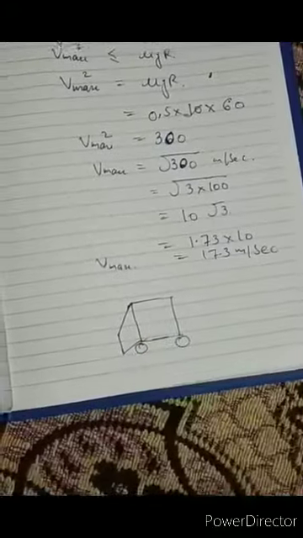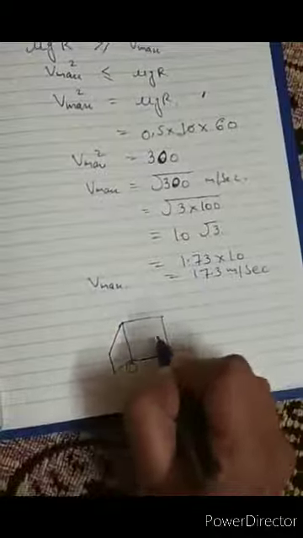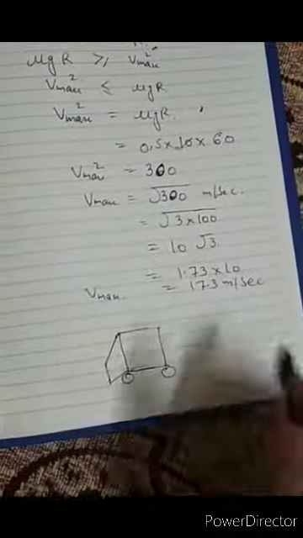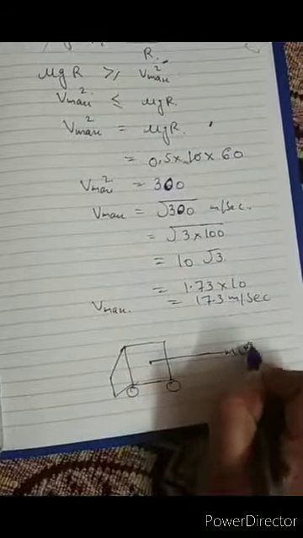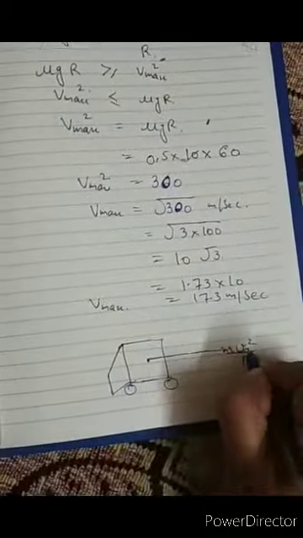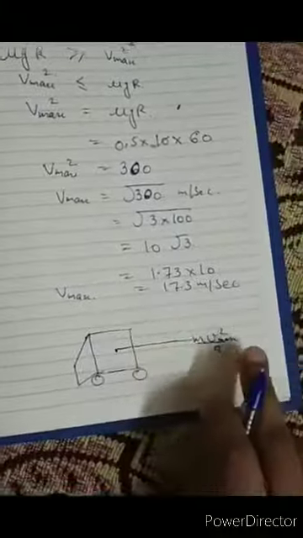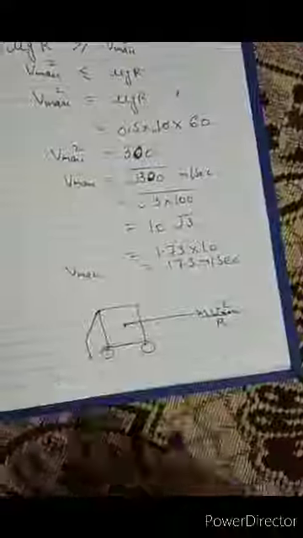This is my wheels, okay, and we have mv square by r in this direction, fine, and this is max speed. I just write v max because we have calculated maximum speed.